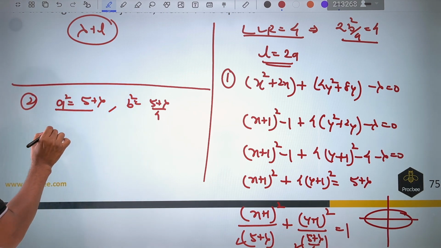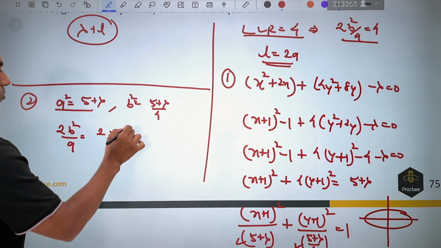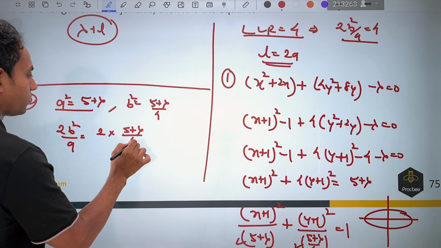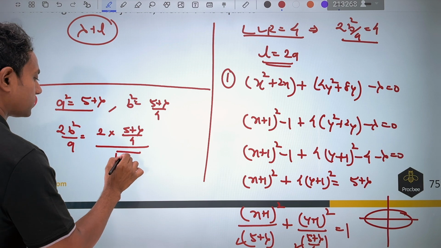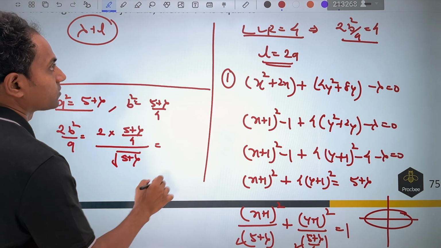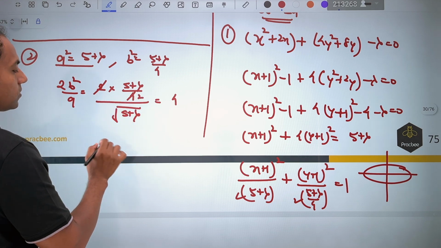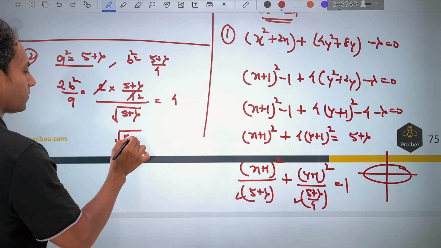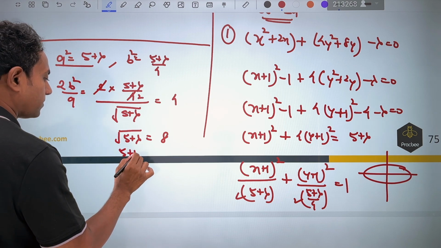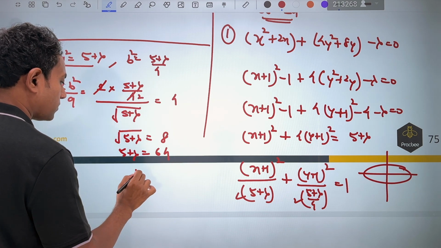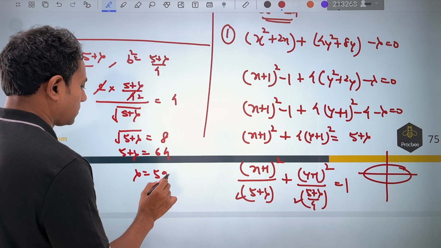So from the latus rectum condition, 2b square by a becomes 2 times (5 plus lambda) by 4 divided by root of 5 plus lambda, and this value is given as 4. You can see that this will cancel out, root 5 plus lambda will become 8. So 5 plus lambda is equal to 64. Lambda comes out to be 59.